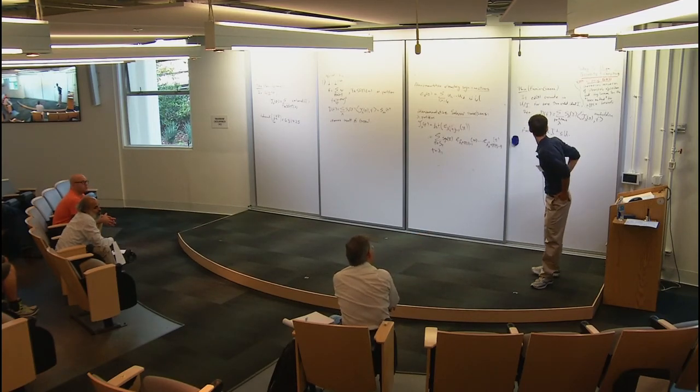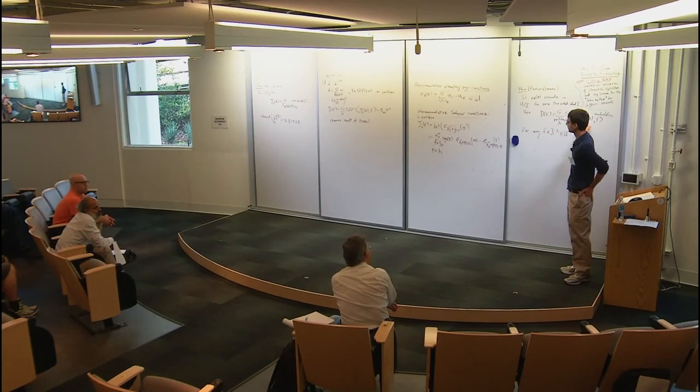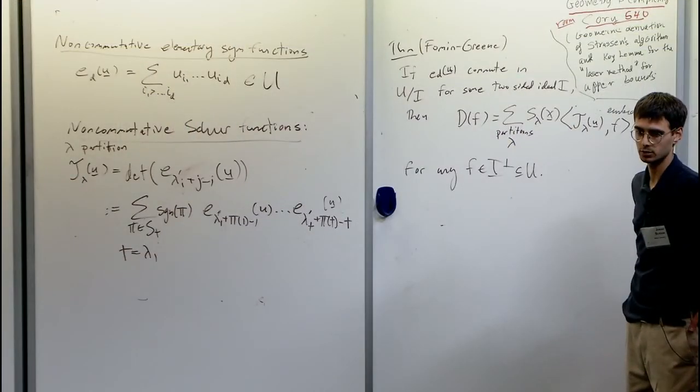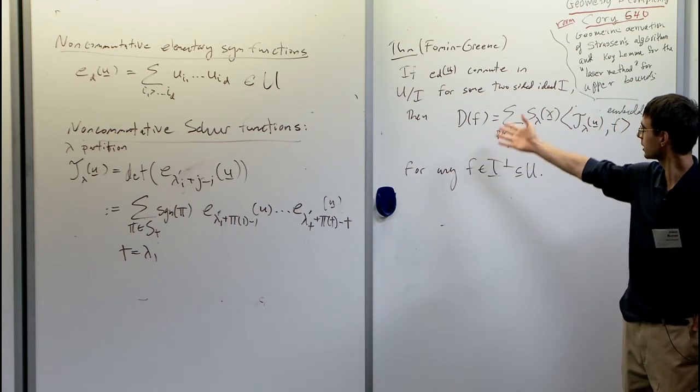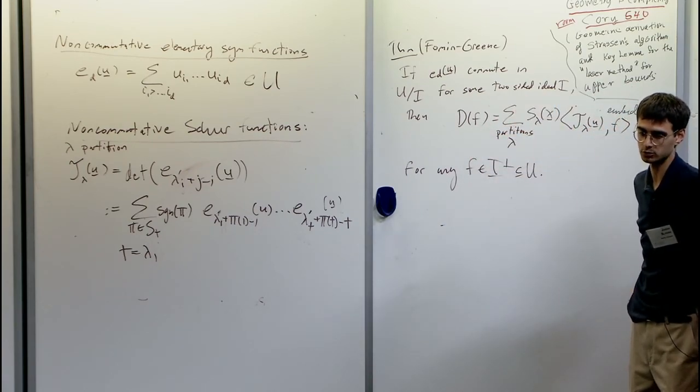positive or... So something I didn't get time to explain is that the key to making this approach work is that you have to write this non-commutative Schur function as a positive sum of monomials in your algebra, which was done in this case by Fomin and Greene, but in other cases it's hard or not true.